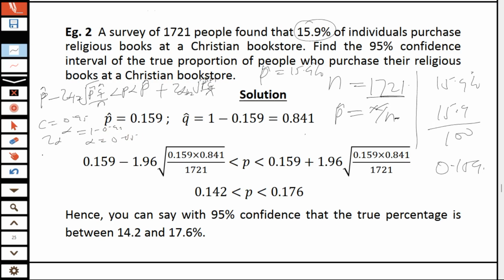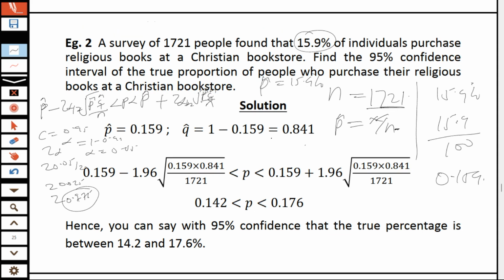So here we get z subscript 0.05 divided by 2, which is z subscript 0.025. You subtract this from 1 and you get z subscript 0.975. We go straight to the z table and get our z score. I've already done videos on that, so if you haven't watched them, kindly go back and watch it.